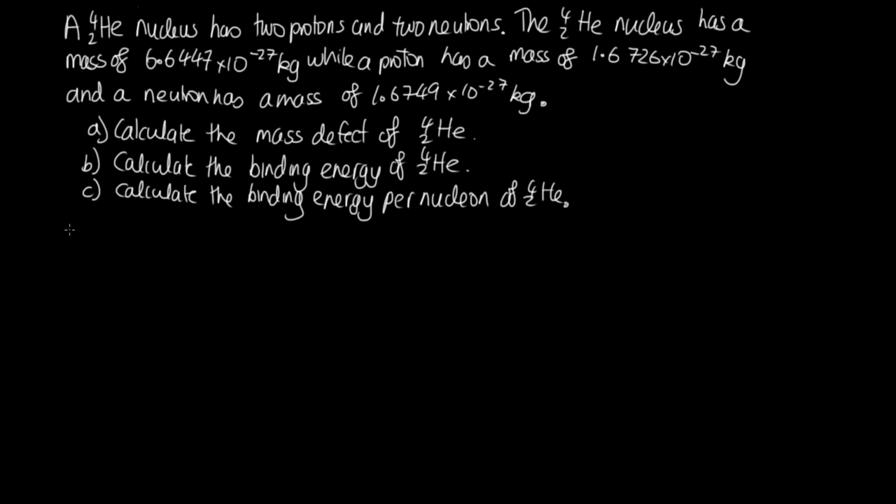Okay, so to answer part A, we need to use the fact that the mass defect is equal to the mass of the constituents. So that's the total mass of the protons and the neutrons that are combined in order to make the nucleus, minus the mass of the nucleus.